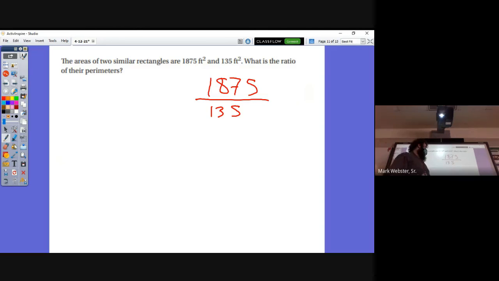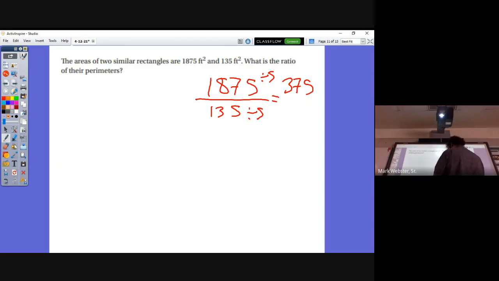This is where some shortcuts help. You see the last digit of both of these is 5, so we know we can divide both the top and the bottom by 5, right? We do that. And we just do the bottom. 27.